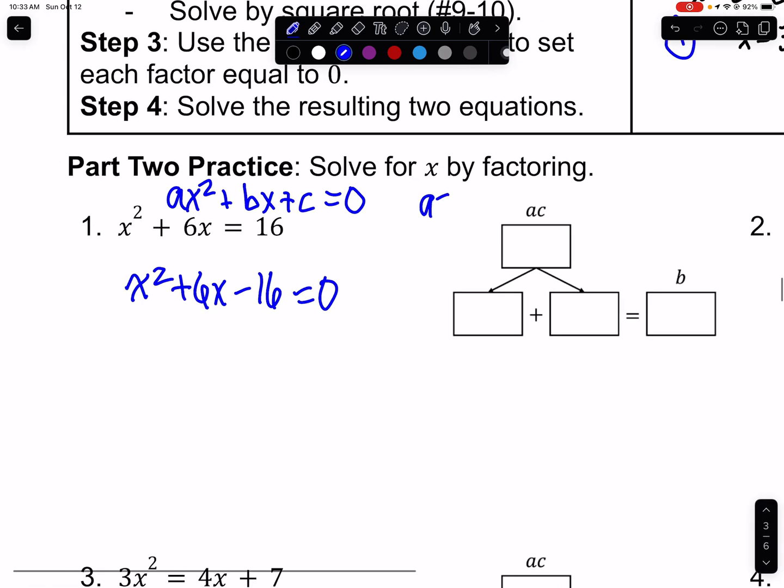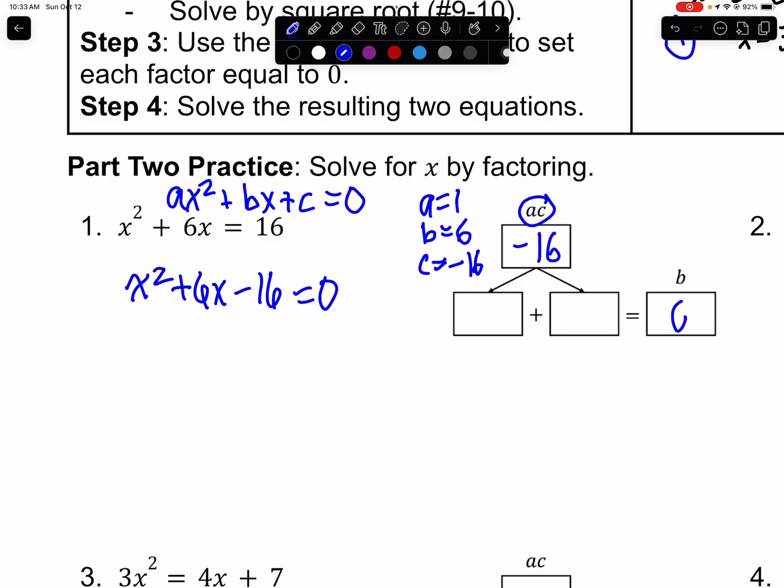So a is 1, b is 6, and c is negative 16. So a times c is 1 times negative 16. Okay, and filling in the puzzle, those are my answers. So I can go in and do that.